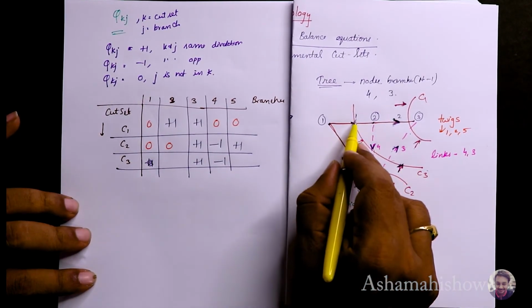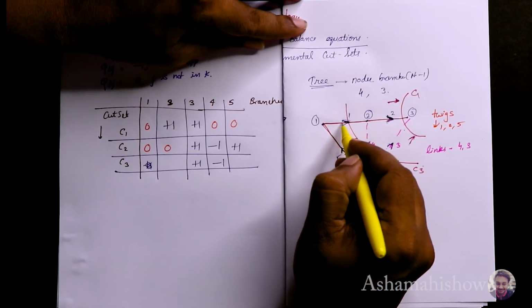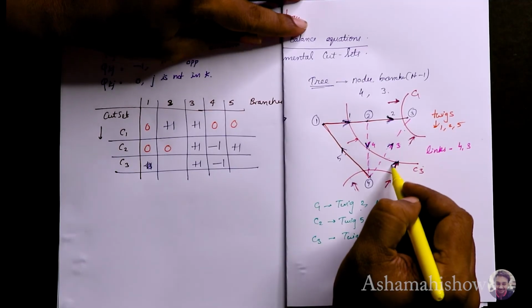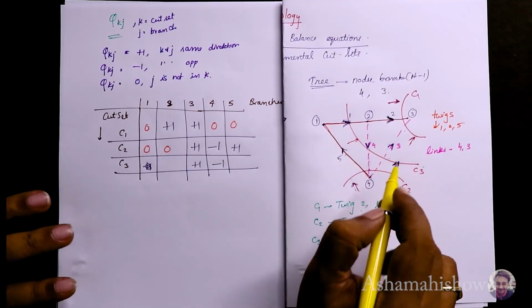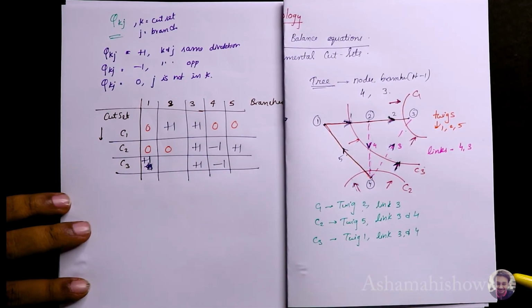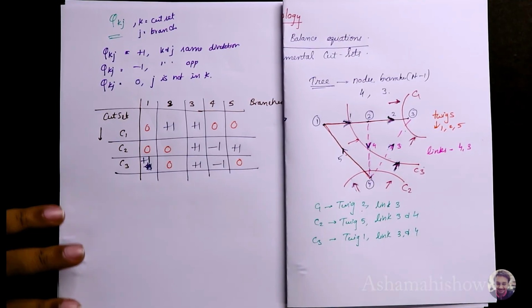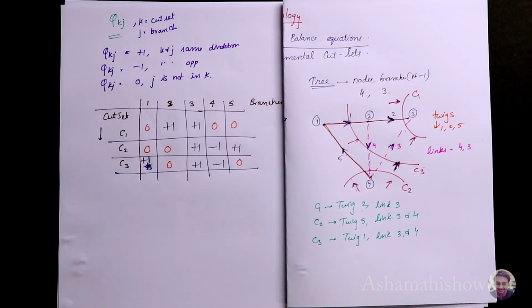Now C3 is linked with twig 1. Twig 1 is going in the outward direction and C3 is also going outward, so twig 1 is plus 1. Branches 2 and 5 are not linked to cut set C3. This is how you need to find it.